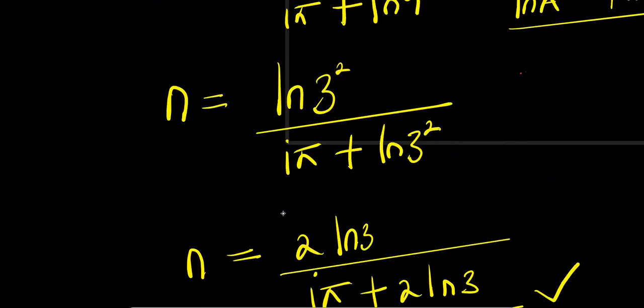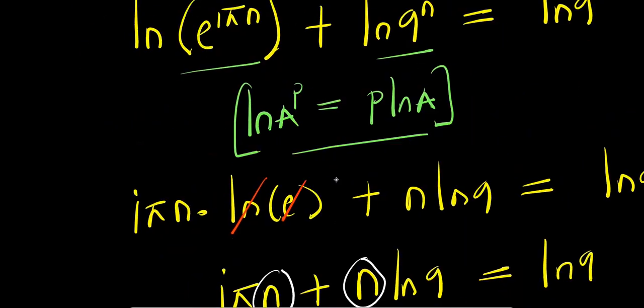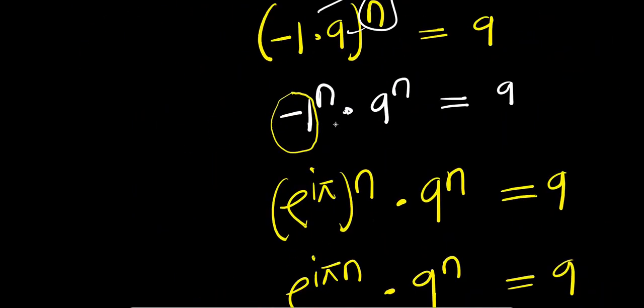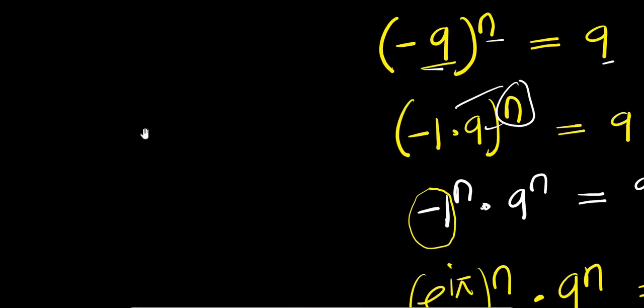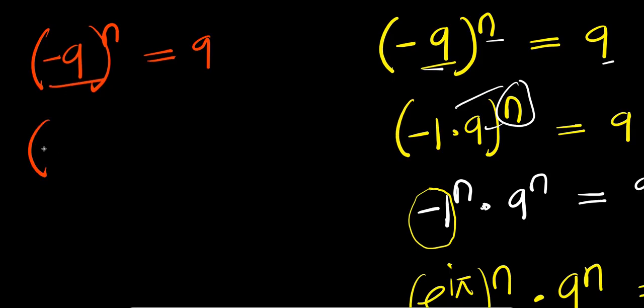So let's try the other approach involving another derivative of negative 1. Negative 9 power n equals 9. We also express this as negative 1 times 9 power n equals 9.